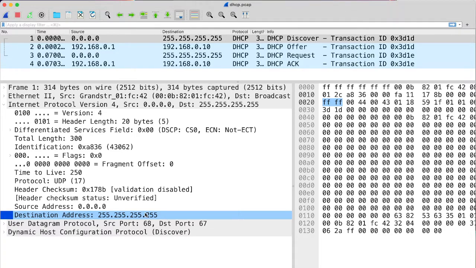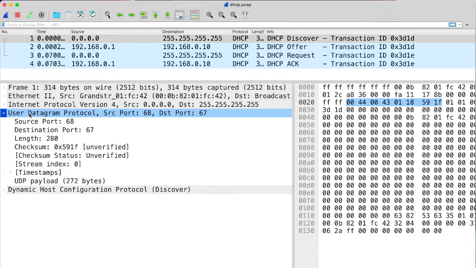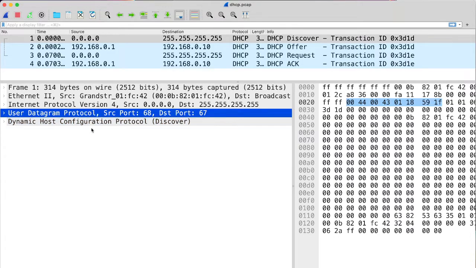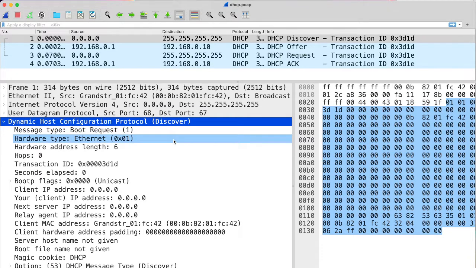So every host in the same subnet should receive this specific DHCP discover packet. So that is the IP header, and then that is the UDP. The destination port of UDP is 67, and that is the DHCP message.